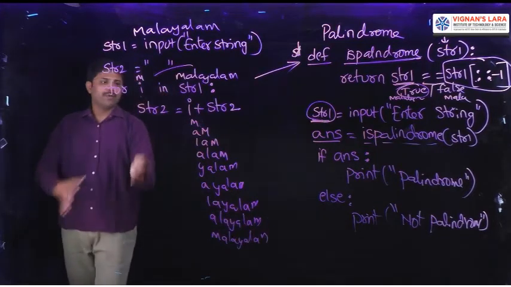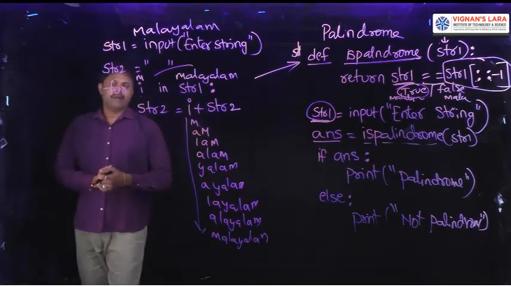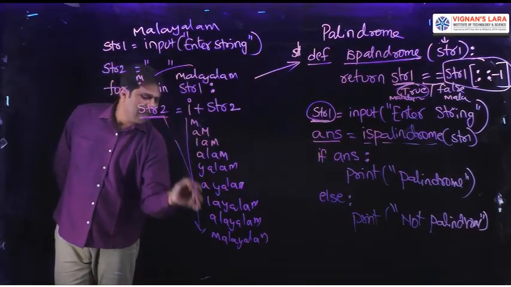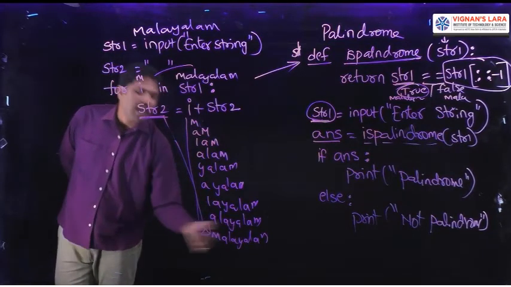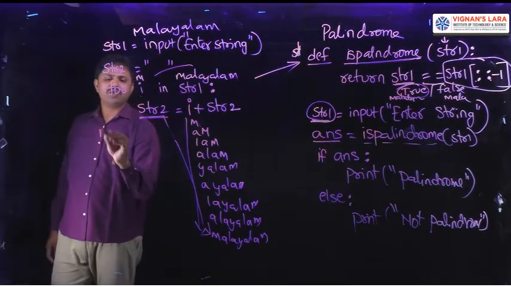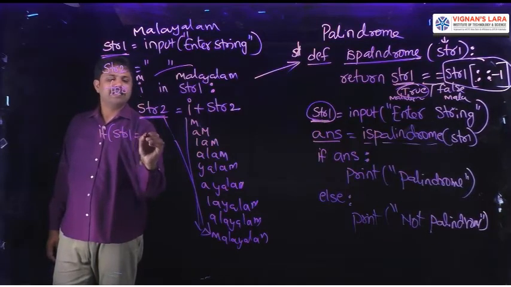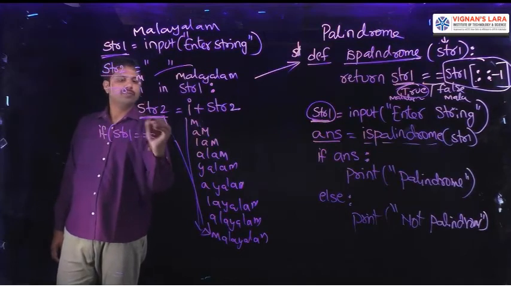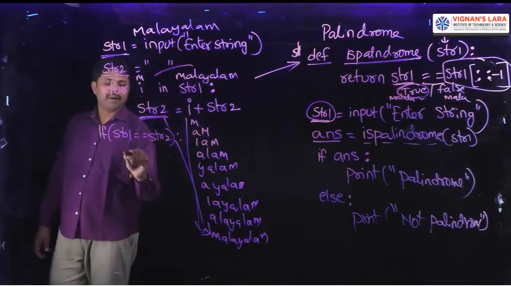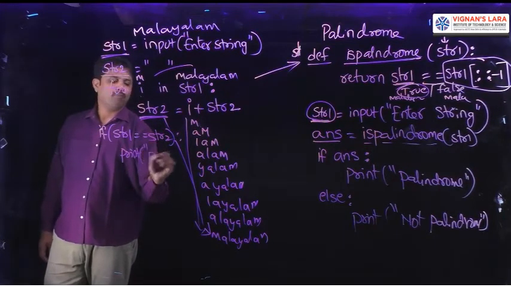So like this, you will get the reversed string from this loop. That means finally str2 contains the word Malayalam. So you simply check by using an if condition. If str1 is equal to str2, print palindrome.